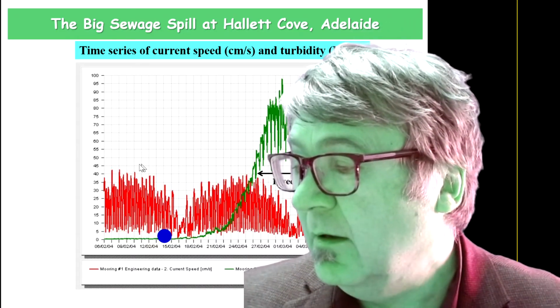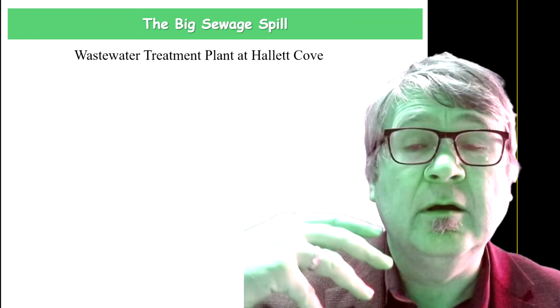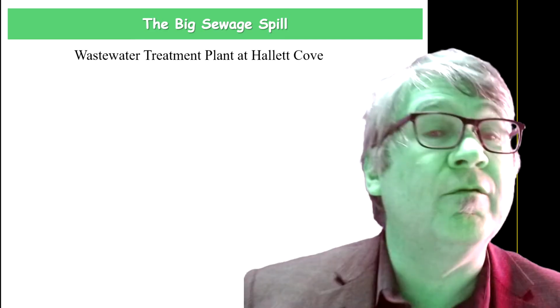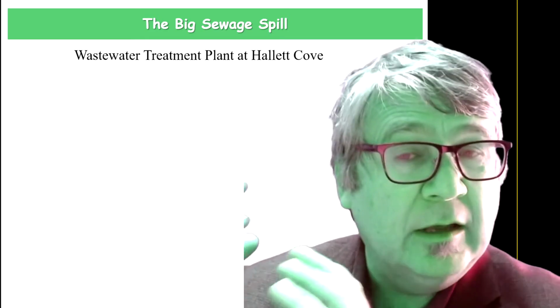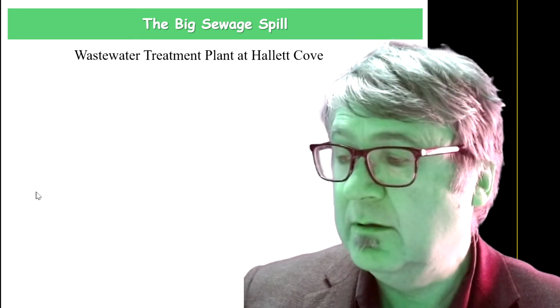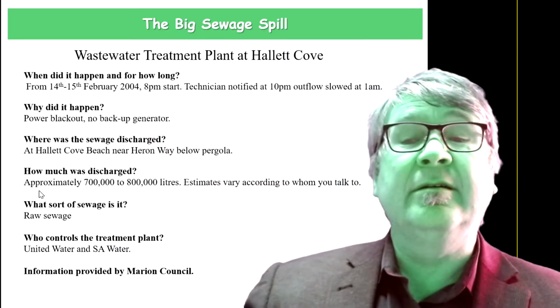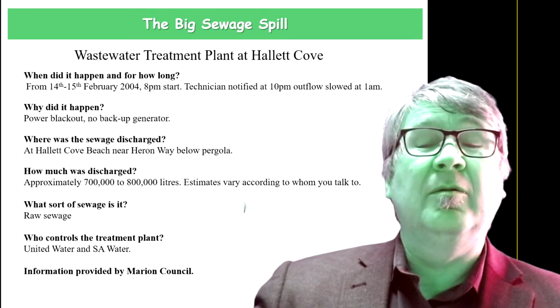So let's have a look. What happened? The big sewage spill, wastewater treatment plant at Hallett Cove. This is the old one. Now they have an updated one. What happened?